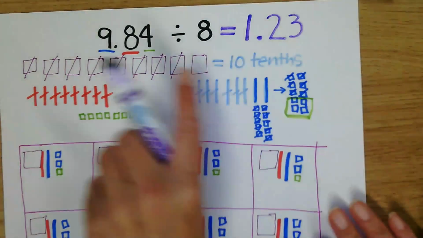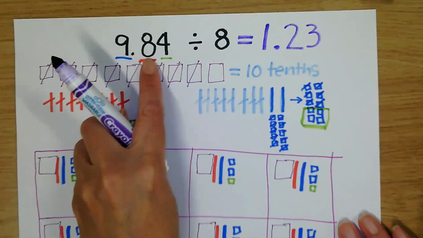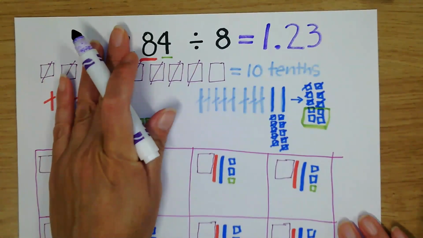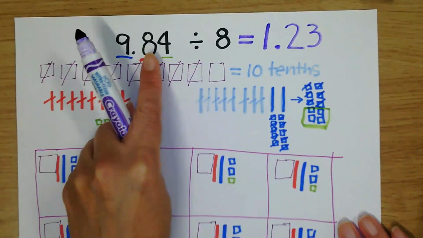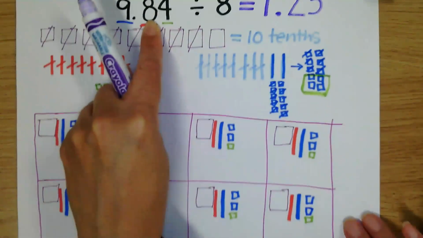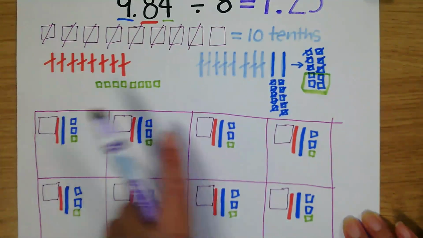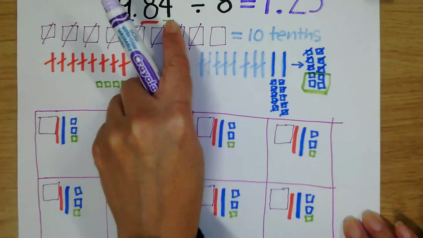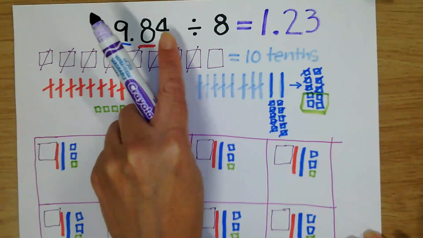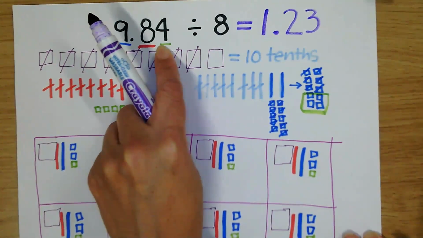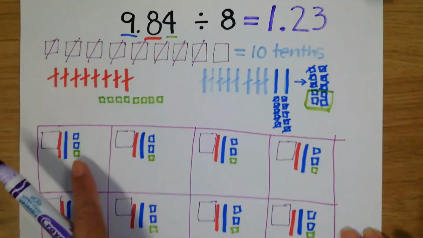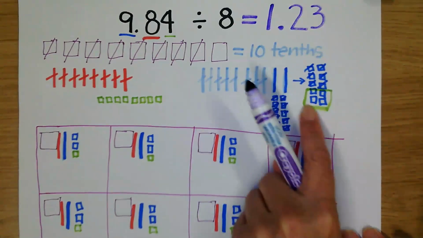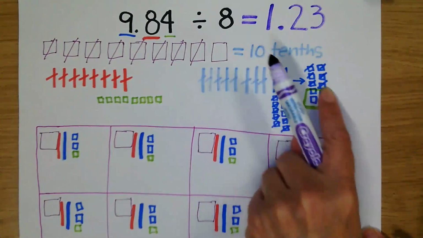So we went ahead and started dividing the decimals. We finished with the whole number; now we started with the decimals. 8 tenths are easily divided into 8 different groups. We gave 1 tenth to each group, and then we continued with the hundredths. We noticed that we had 4 hundredths, and 4 hundredths are not enough to give to each one of these groups. So we remembered that we had 4 hundredths remaining.